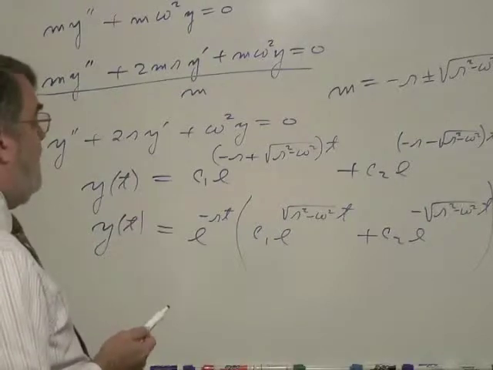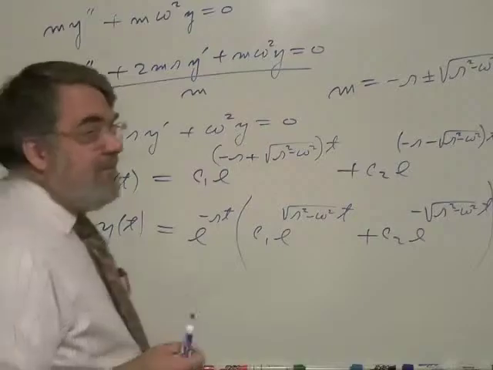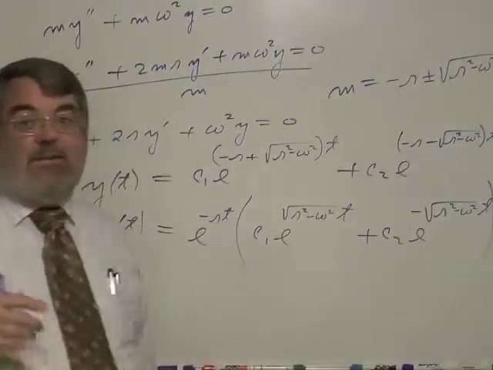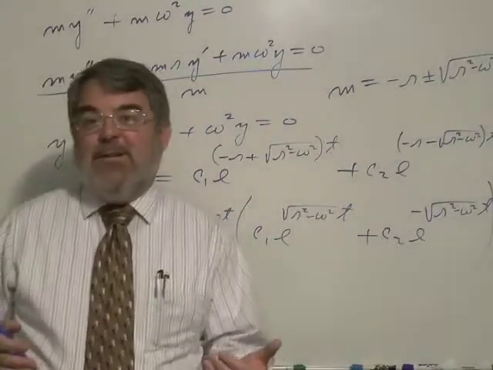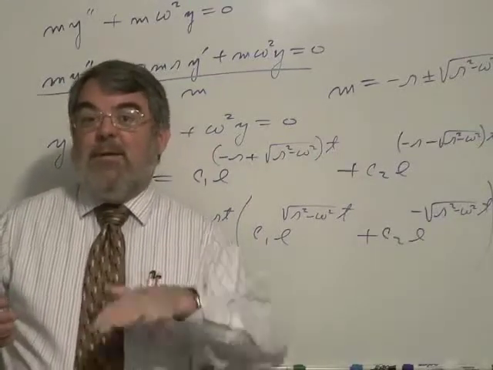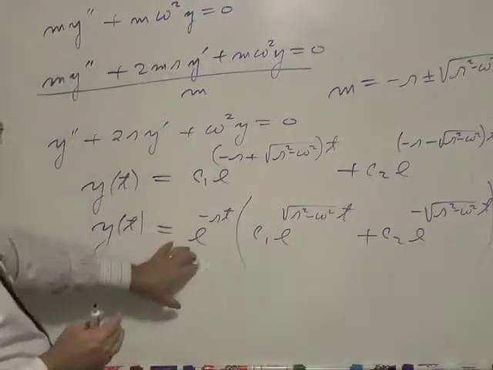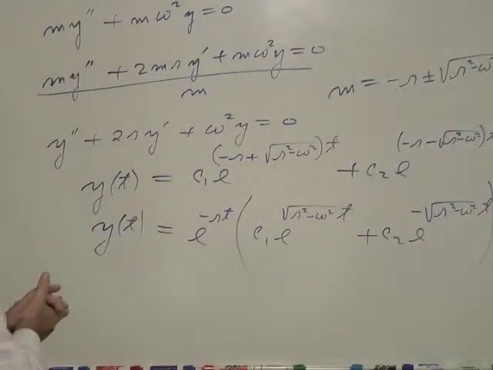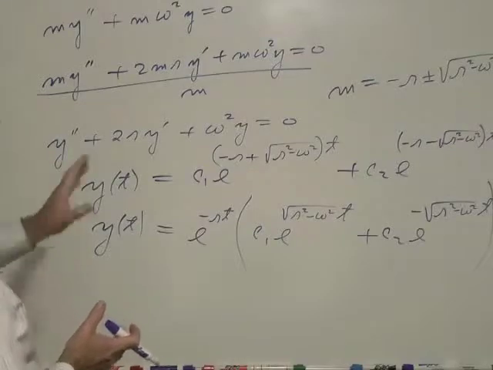And then finally, this is more interesting, I think, when r squared minus omega squared is negative, that means these are imaginary numbers. Being imaginary, we're going to end up putting this in terms of sine or cosine and getting a harmonic motion, except this part here will dampen it. So I'm going to leave this here, and let's look at the three cases.